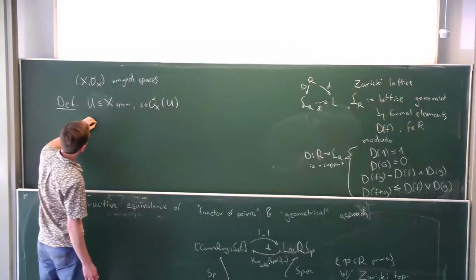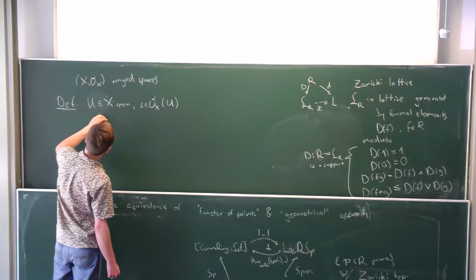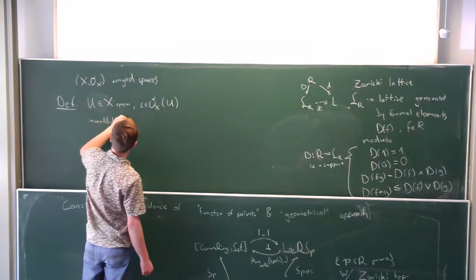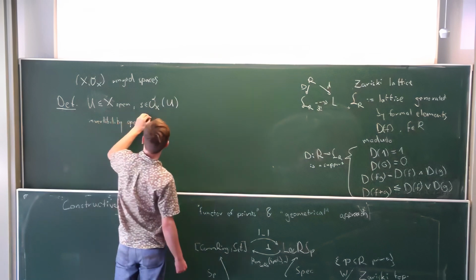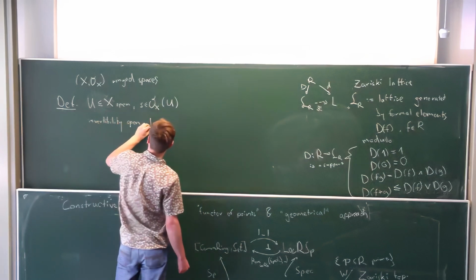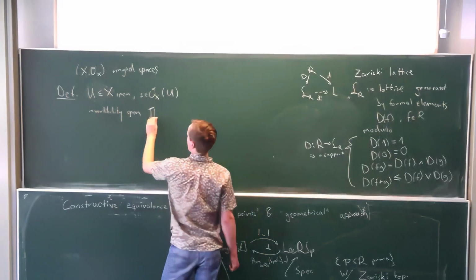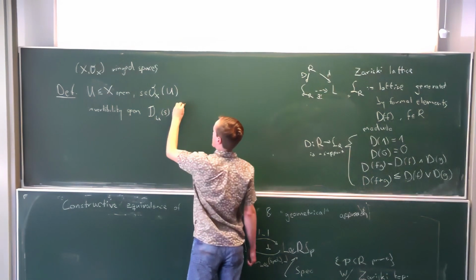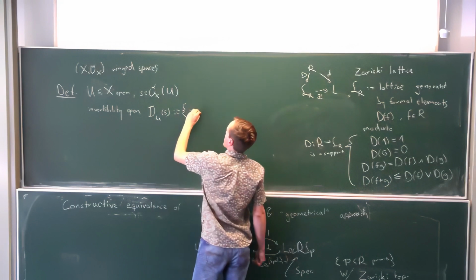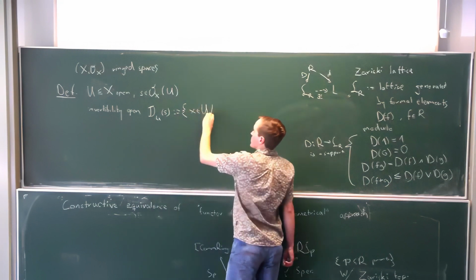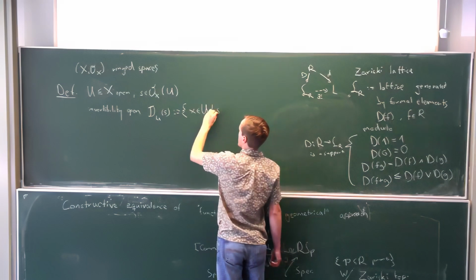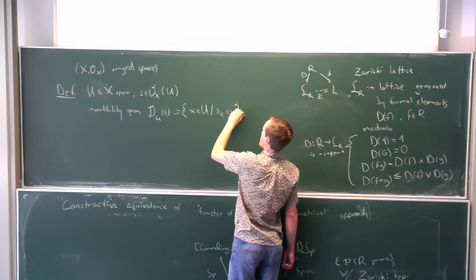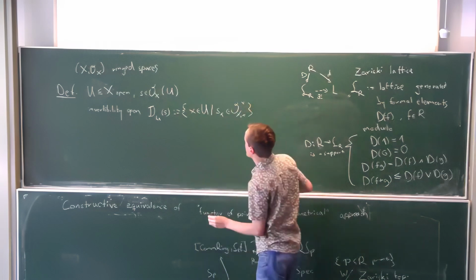the invertibility open of S in U is the set of all points x such that S at the stalk is a unit.